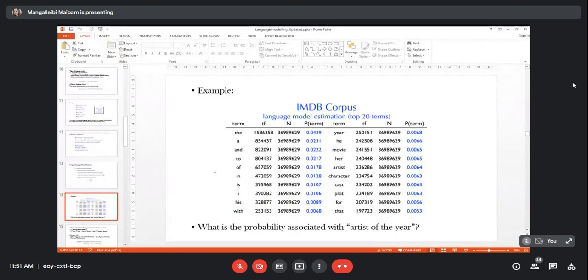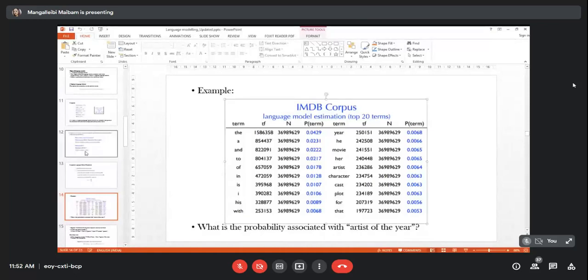So it is very easy to find the unigram language model from the table given here. So this P of term, that means the probability of the respective terms given here, can be directly calculated using TF and N from the table.